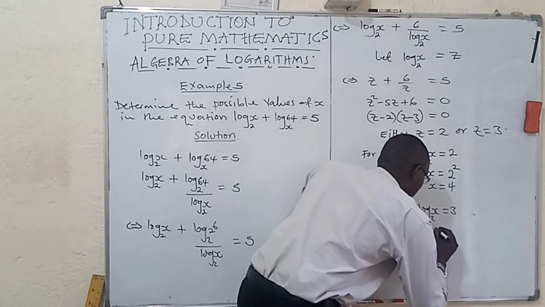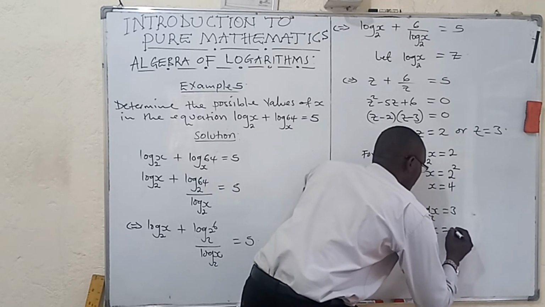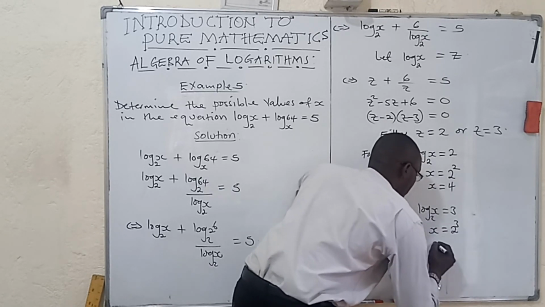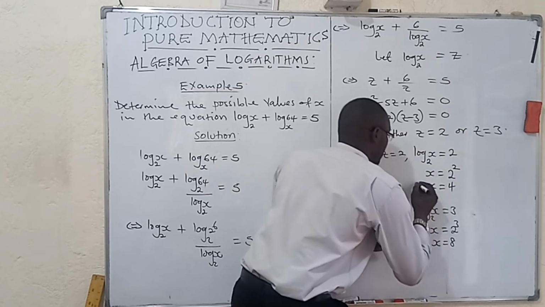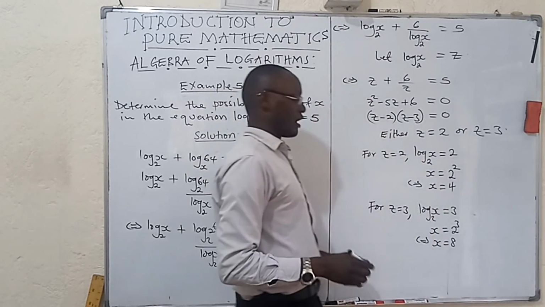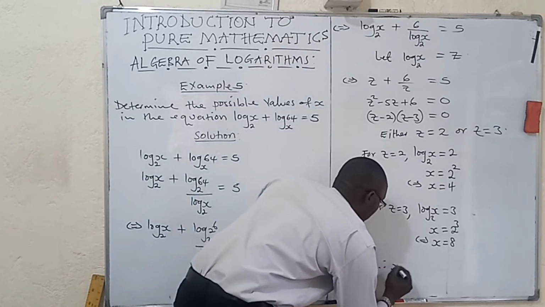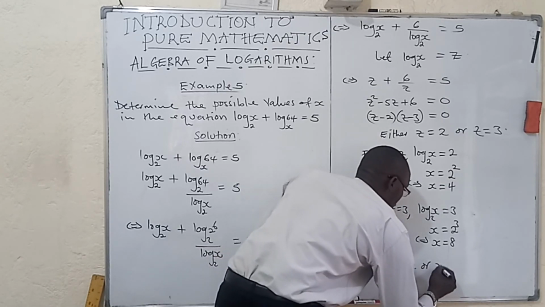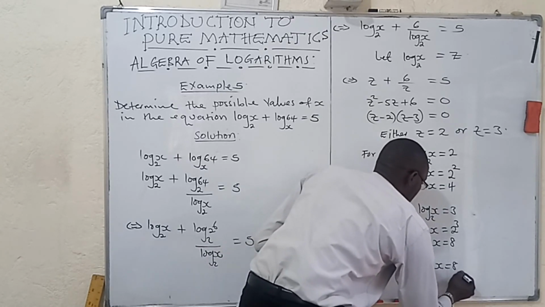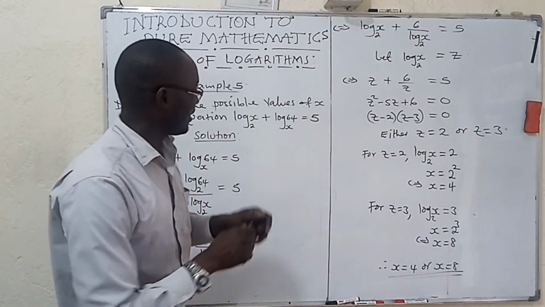So this implies that x is equal to 2 power 3, implying that x is equal to 8. So those are the two answers which we have. We can conclusively say that x is equal to 4, either part, or x is equal to 8. Those are the possible values of x.